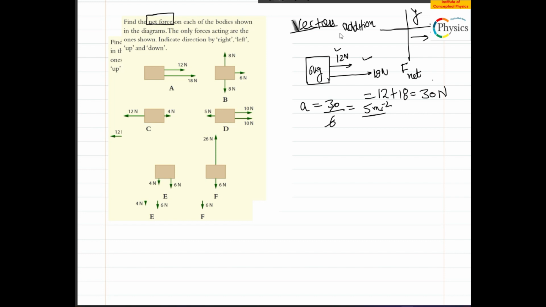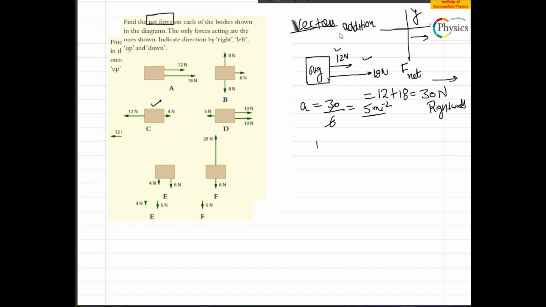So if the force is rightwards, both the forces are rightwards as per the sign convention of vector algebra. If the forces are in the same direction, you add them like numbers, but you also write rightwards. Okay, acceleration is 5 meter per second square, right? No brainer.